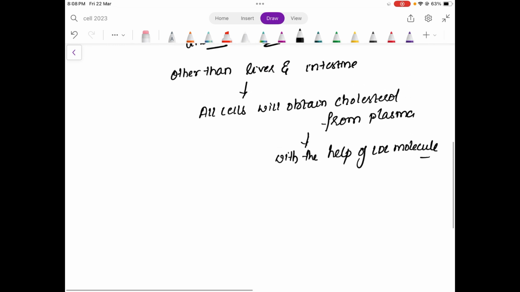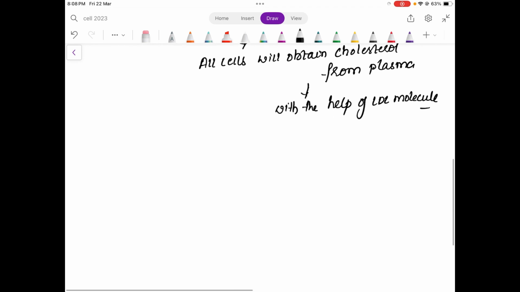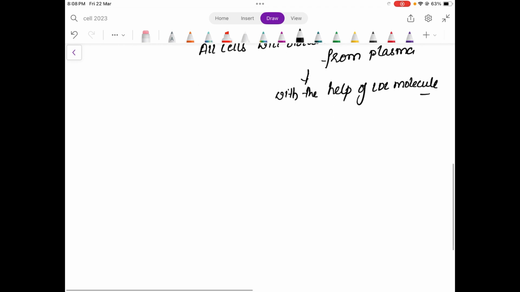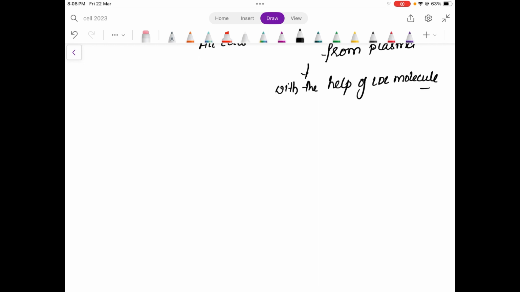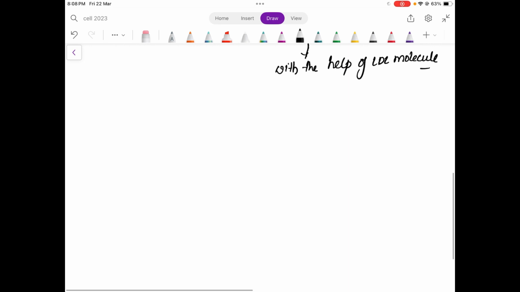They will not synthesize cholesterol on their own. There won't be de novo synthesis. Maximally, they depend on obtaining cholesterol through an LDL molecule rather than de novo synthesis. So the primary source of cholesterol for these cells is LDL.